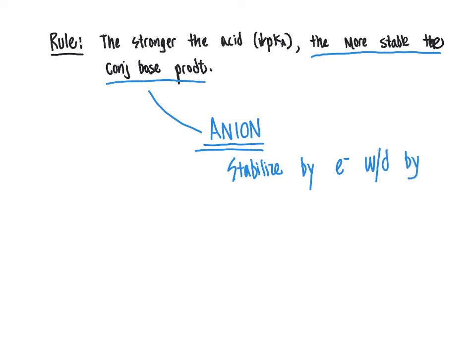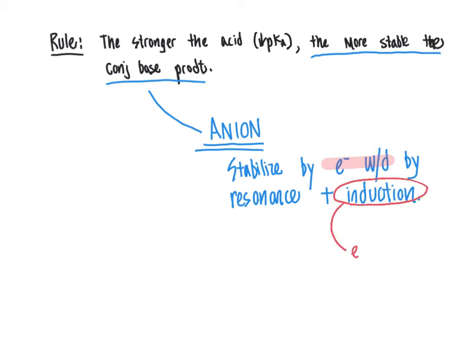So we have groups that are electron withdrawing by resonance, generally being the most important factor, followed by, if there's no way to use resonance to stabilize the negative formal charge by moving it around and sharing it over different atoms, then we look to induction. And for induction to stabilize that anion, induction also needs to have an electron withdrawing effect. And for induction to have an electron withdrawing effect, that's generally going to mean that there are electronegative atoms such as halogens nearby.